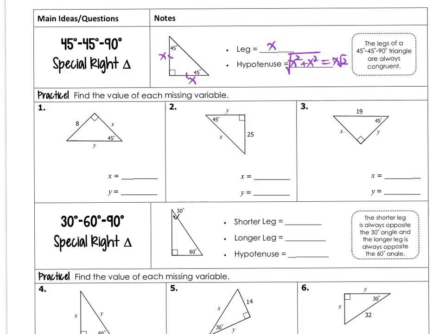There's a little bit of square root involved in this. Again, if you need to review square roots, make sure that you do it before you come to class today, because you have to be fluent in this.